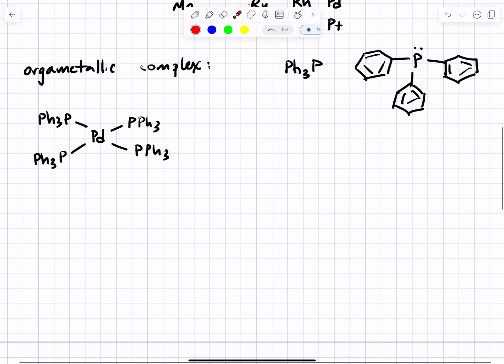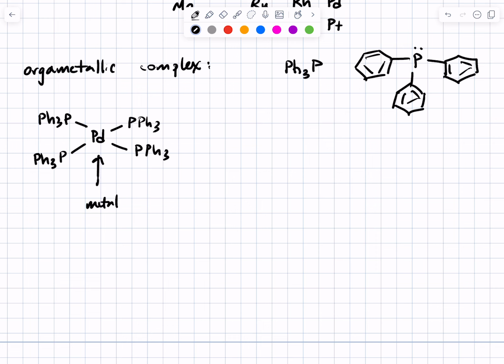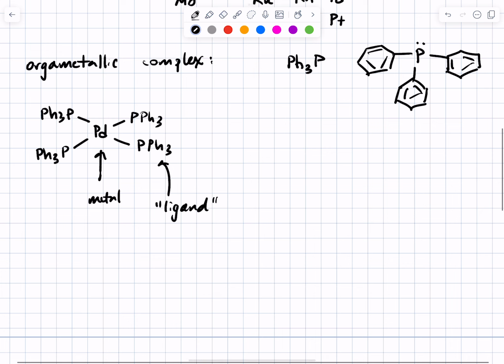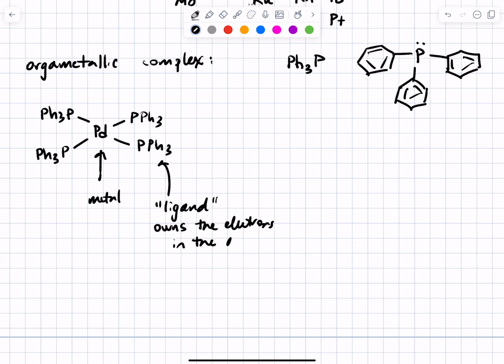So the first thing you need to know is the most obvious thing, and that is that the palladium is the metal and the triphenylphosphine is what we're going to call a ligand, or something that is bound to the metal. And we're going to say that the ligand owns the electrons in the metal-ligand bond.